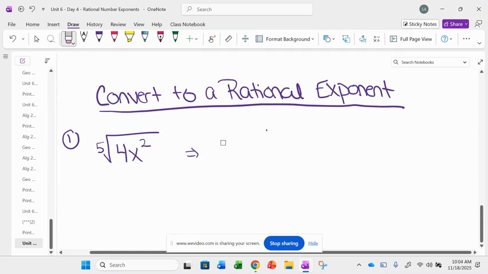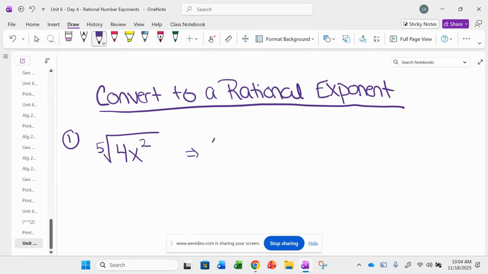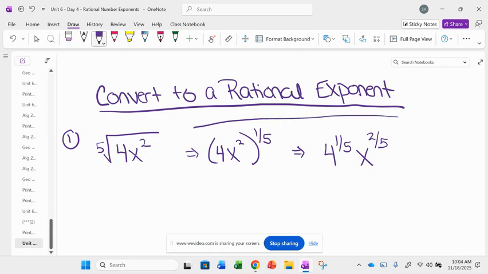You can write this as 4x squared raised to the 1/5 power. You can also write this as 4 to the 1/5 times x to the 2/5. Between the two of these, I don't care. These are both correct. It's whatever one you prefer at that point.